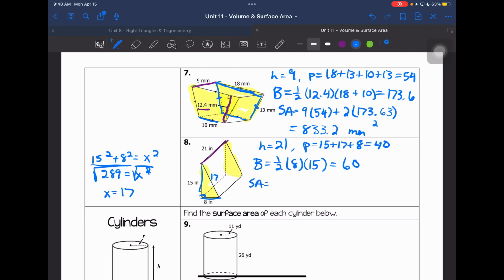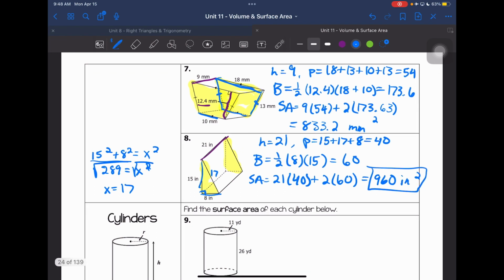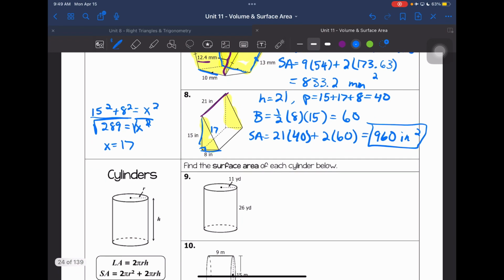So height times perimeter, 21 times 40, plus 2 times area of the base. The area of the base is 60. So 21 times 40 plus 2 times 60 would be our surface area. When we evaluate that, it comes out to 960 inches squared. So that's our surface area of that prism.